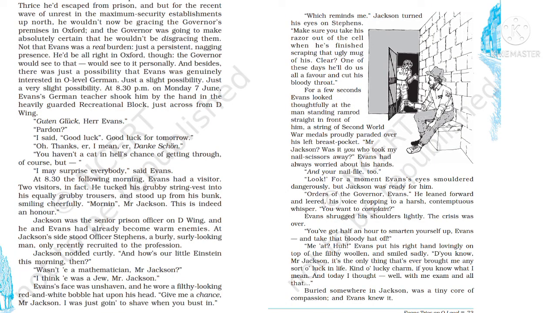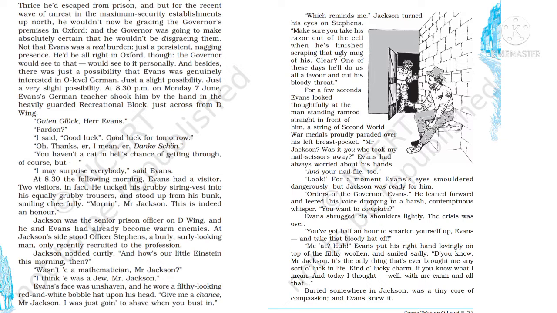After the conversation ends, we get to know a bit about Ivans, how he escaped from prison thrice, how he created unrest in the highly guarded areas of the North. For the governor, Ivans was a burden and his presence was uncomfortable, and the governor was worried because Ivans used to break the prison and run away.